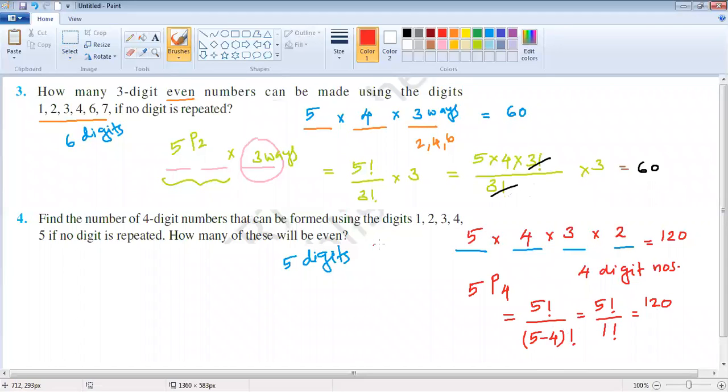Okay. Now coming to the second part, how many of these will be even? See, 4-digit numbers. We can use the fundamental principle of counting. For the last digit to be even, it can be either 2 or 4. That means there are 2 ways.